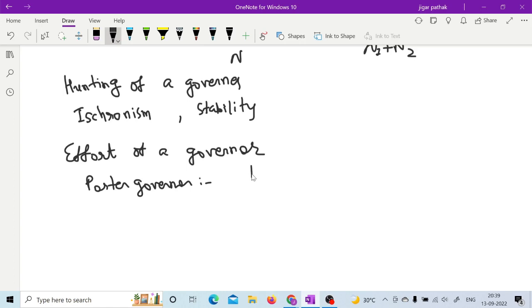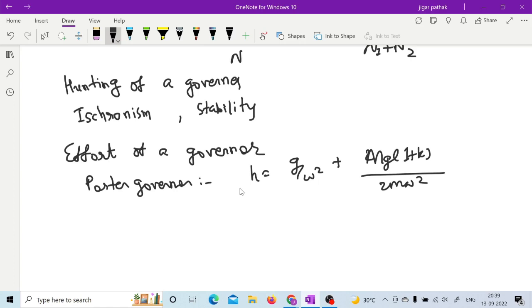right, then let us say h is mentioned as g by omega square into (mg plus k 2m ... ) omega square, right? So now if you are changing the speed from omega to omega plus c omega, means you are changing the speed by c percentage. So your new speed will be omega plus c omega, right? And certain effort is required, right?